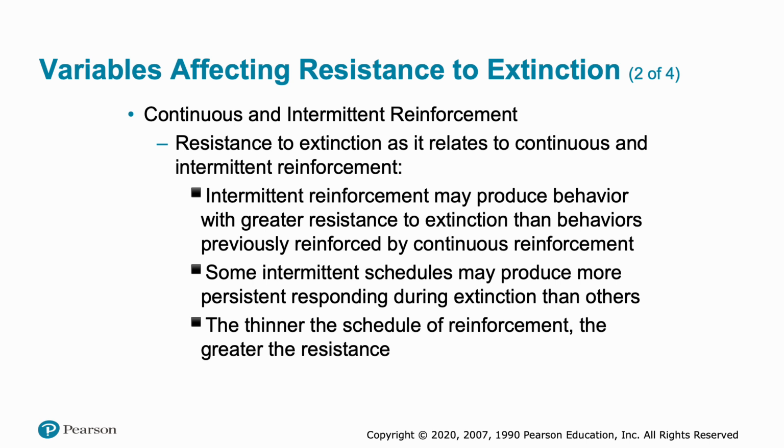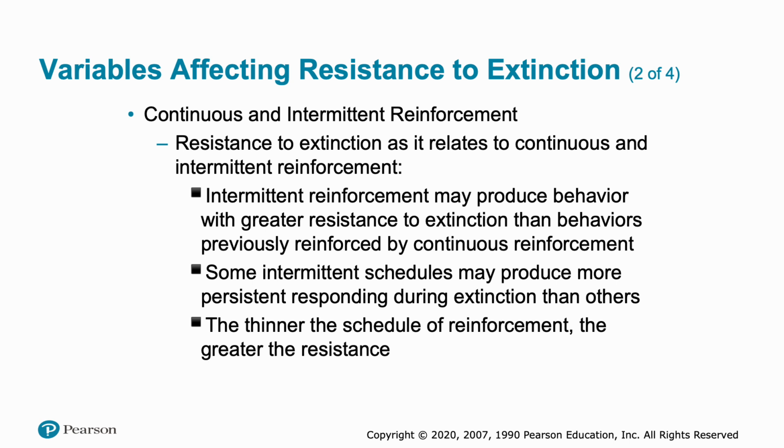So for the learner that's on a thinner schedule of reinforcement, the resistance to extinction is going to be much greater. It's going to take a lot longer for the behavior to actually be extinguished because, like I mentioned, this change in the schedule of reinforcement is going to be much less apparent to the client.